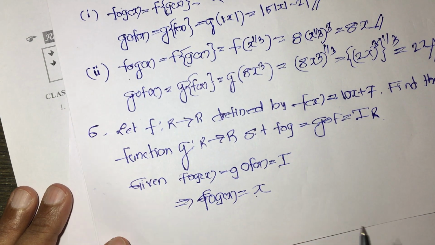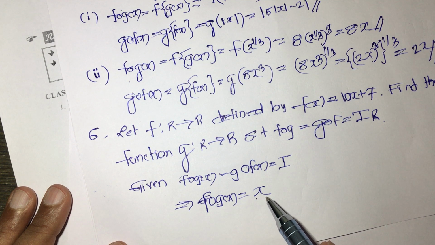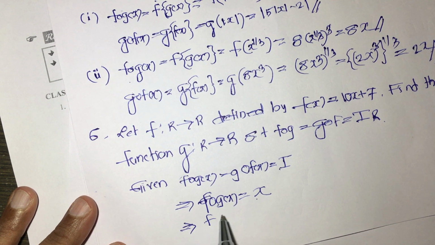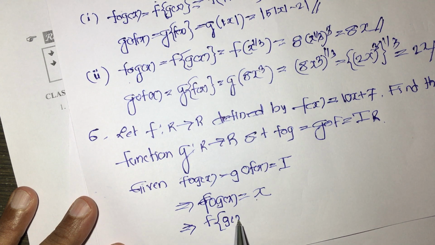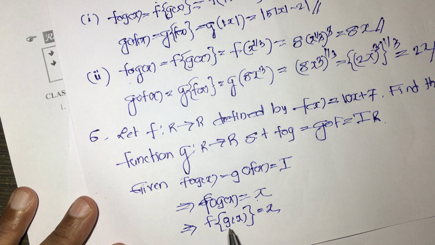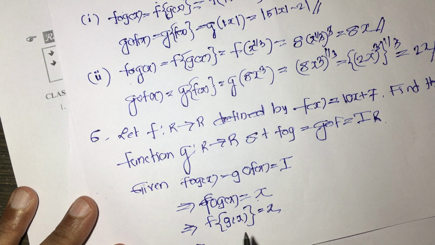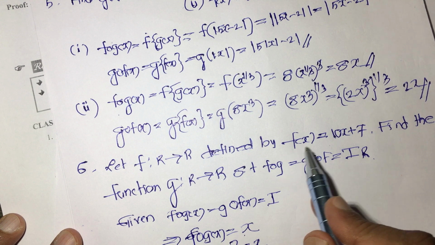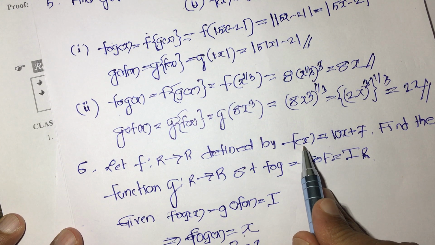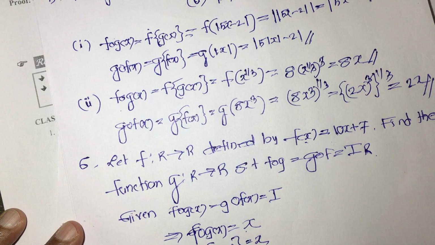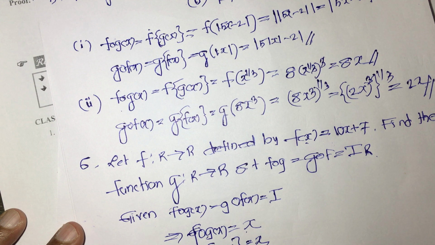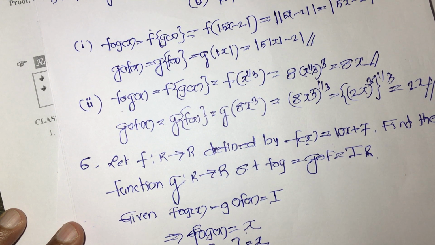In the first year PUC you have studied what an identity function is. x is called the identity function, and this is f of g of x is equal to x. f of g of x means f of x is given as 10x plus 7, but x is here g of x, so 10 g of x plus 7 is equal to x.